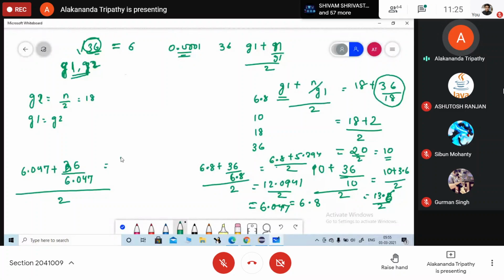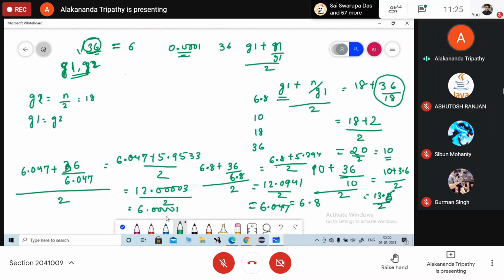It will be 6.047 plus 5.9533 divided by 2. So this value is approximately 12.001, okay, divided by 2. So you will get here 6.001.